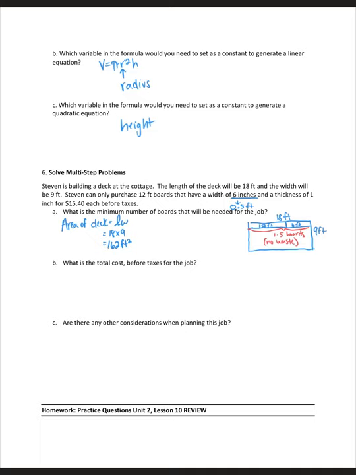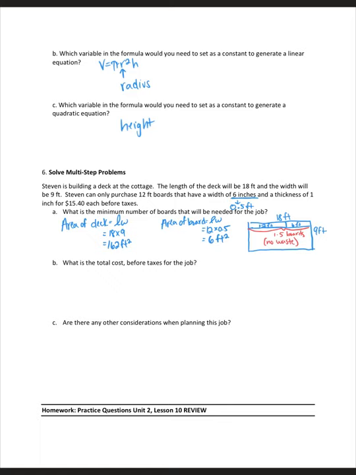So we should think about, what's the area of one deck board? That's going to be length times width. We know that the length is 12 and that our width is 0.5. So the area of a deck board is going to be 6 square feet.